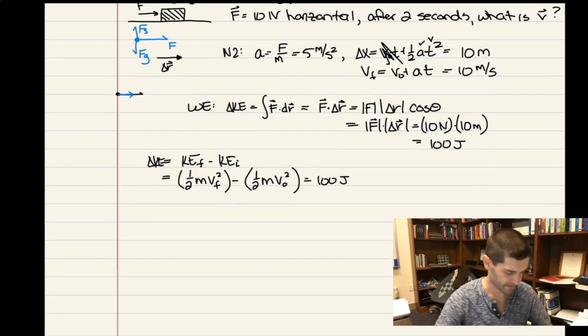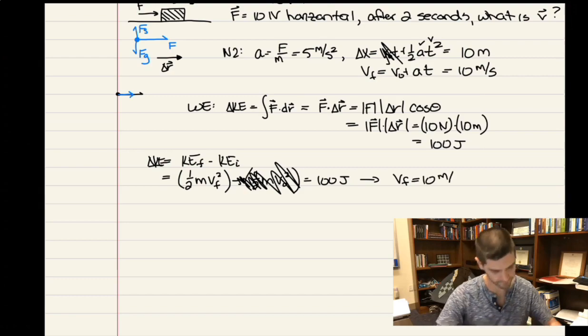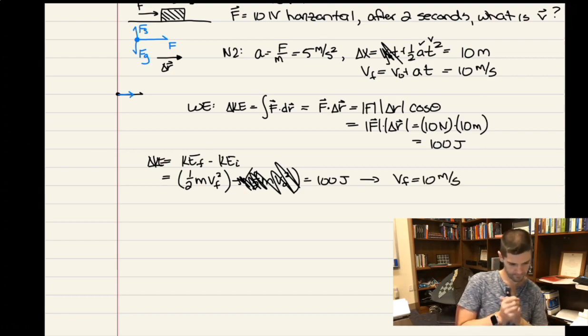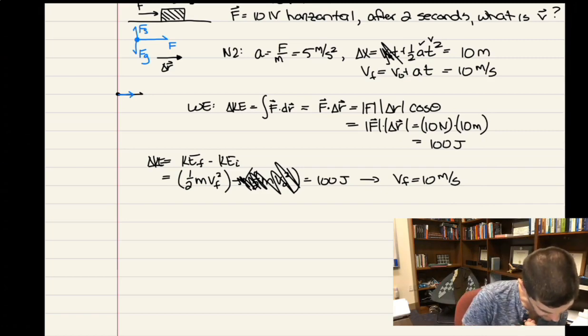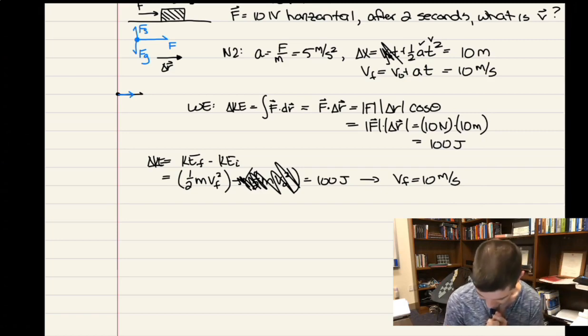If the initial velocity was 0, this is gone. You can then solve for the final velocity, and you will indeed get the same answer. Essentially 200 divided by 5. Do you get the same answer? You better get the same answer.